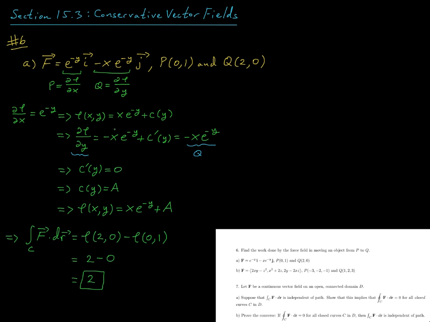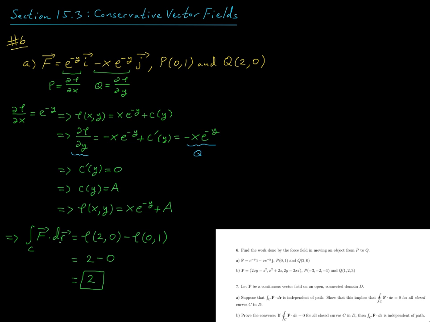And since I have that expression on both sides, that says that c prime of y is 0. And so c of y must just equal a constant. I'll call it a. And so we now have our potential function phi, right? It's x e to the negative y plus c of y, which we just found was this constant a.